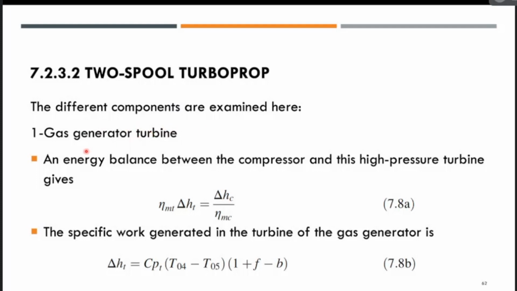First is the gas generator turbine, and the energy balance between the compressor and this high pressure turbine gives expression 7.8a, right? And the specific work generated in the turbine of the gas generator is given by 7.8b.